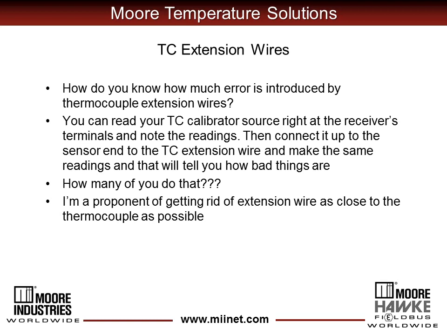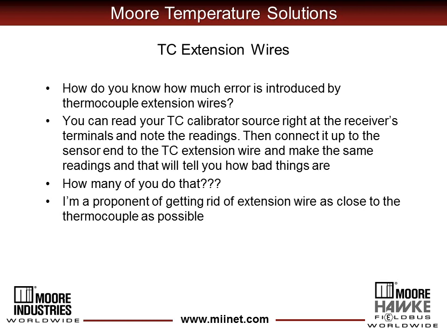We all know thermocouples fail, but thermocouple extension wire also fails. When it does, it has to be replaced. If you replace the extension wire with new extension wire, you're just reintroducing the error it causes. You're simply perpetuating the same problems.